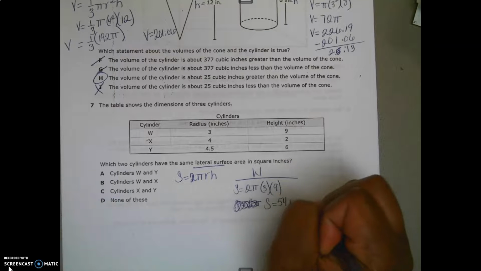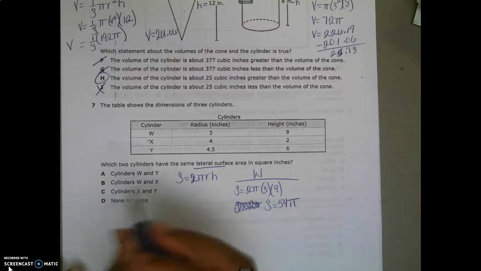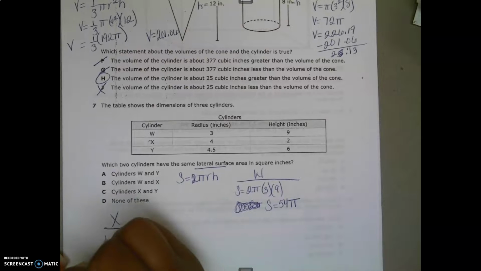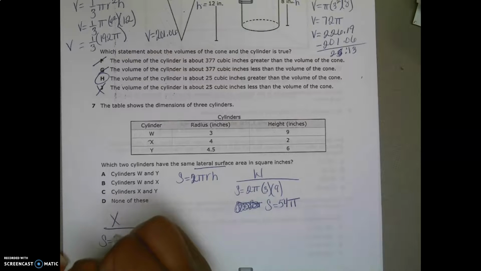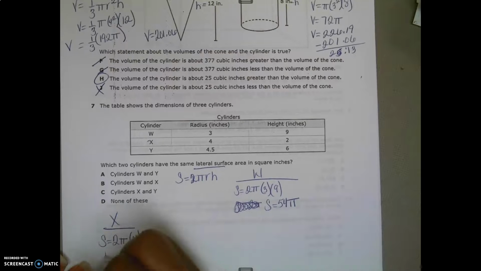So that means I get 54 pi. In this instance, you can just leave it in pi notation. And then cylinder X, we're going to do the same thing. 2 times pi times 4 times 2, which gives us 16 pi.